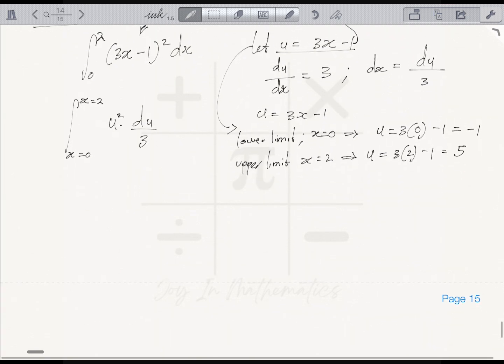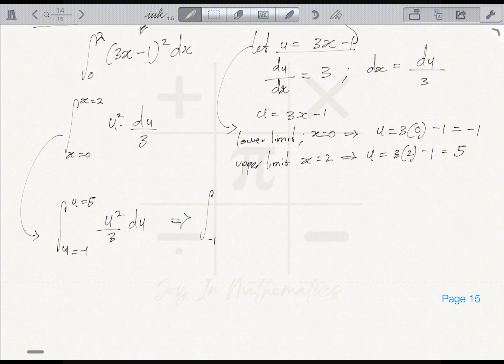So this can be written again as the integral from u equals minus 1 to u equals 5 of u squared divided by 3 du. We can simply write this as the integral from minus 1 to 5 of u squared over 3 du.